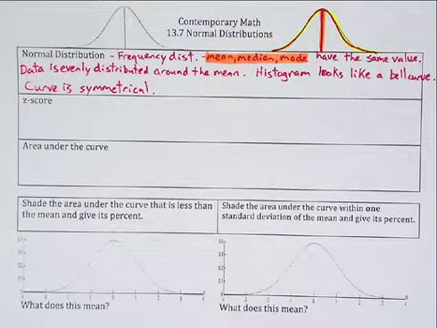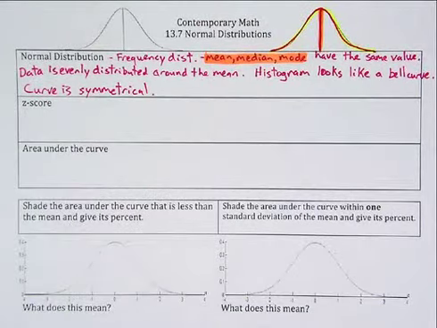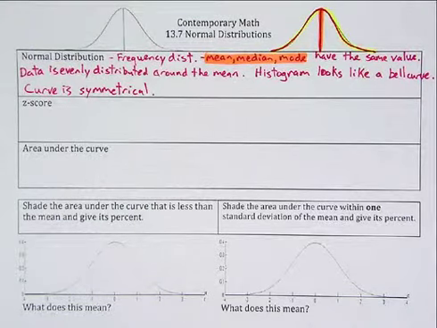Now, when we talk about normal distributions, we need to talk about z-scores. Now, a z-score is a number, and it's the number of standard deviations a piece of data is away from the mean.